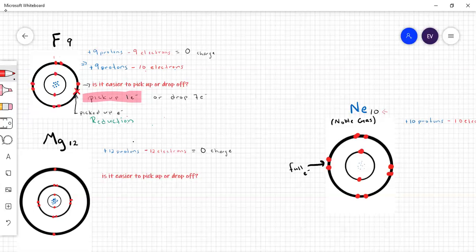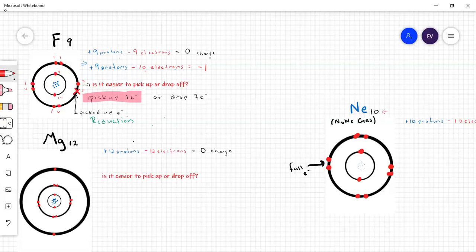Look, here's 1, 2, 3, 4, 5, 6, 7, 8, 9, 10. So what used to carry a 0 charge, now it has 1 extra electron. So what happens to that charge? Well, if you have 9 protons and 10 electrons, you end up with a -1 charge, because now you have more electrons, or more negative particles, than positive particles.